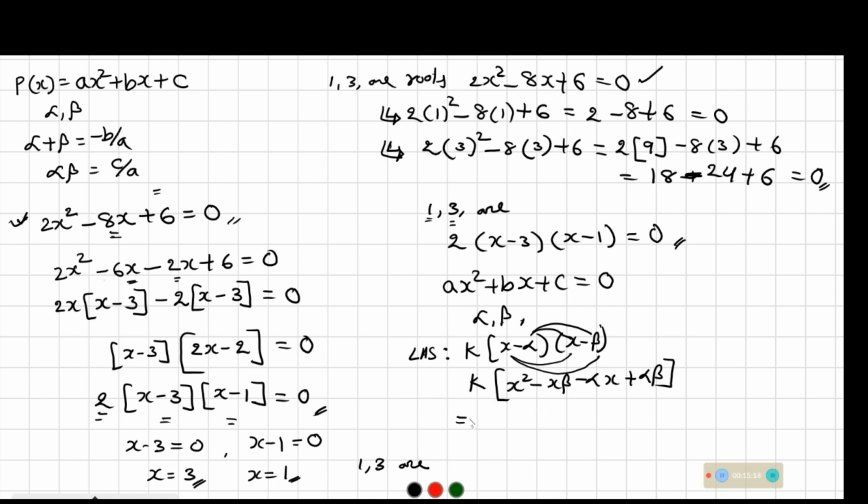If you multiply by k, it becomes kx square minus k beta x minus alpha k x plus alpha beta k. Again I'm writing kx square, taking x common, plus x times minus k beta minus k alpha, plus alpha beta k.